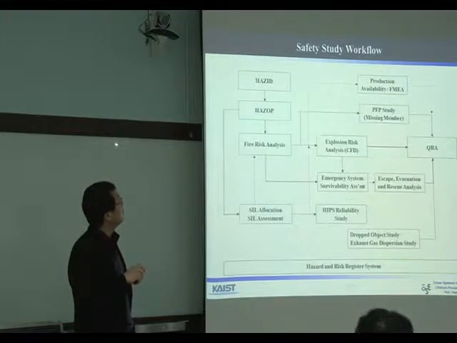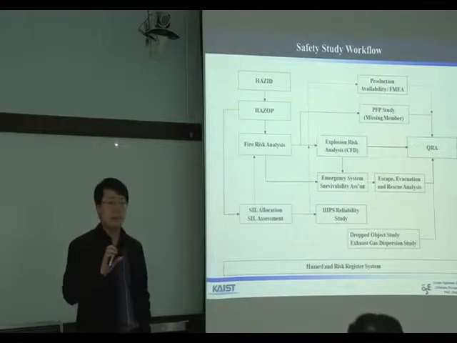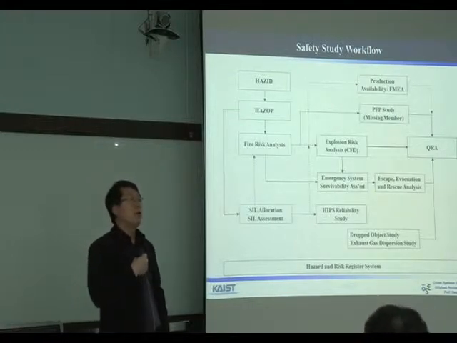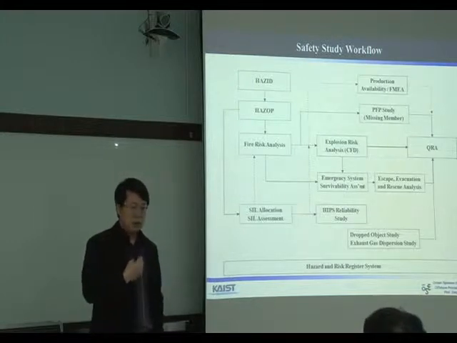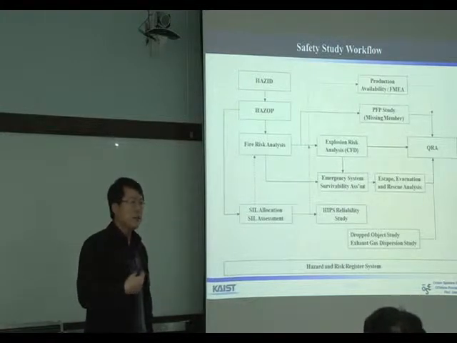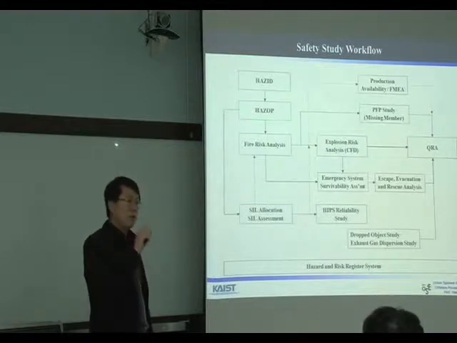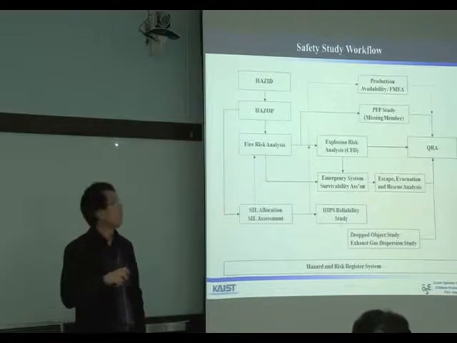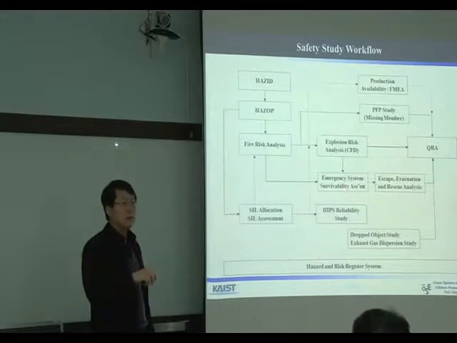So the first step is hazard identification. Then fire risk analysis is very important because it provides the risks concerning fire, and it provides much important information to other studies.